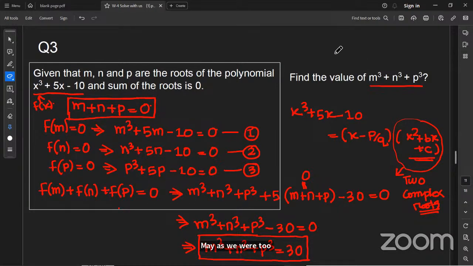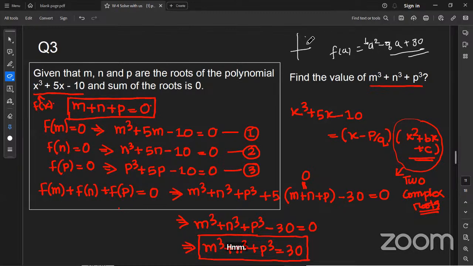So what is your function? F of A is equal to A square minus 8A plus 30. For minimizing this, see what the leading coefficient is. The leading coefficient is plus 1, which is greater than 0.